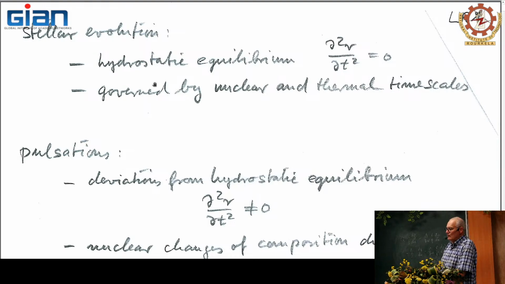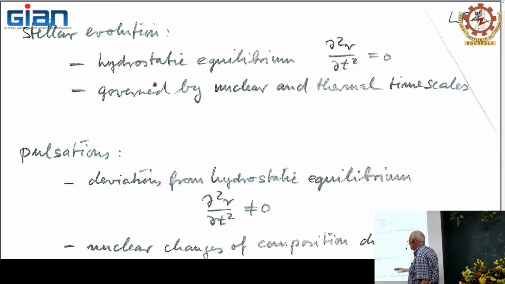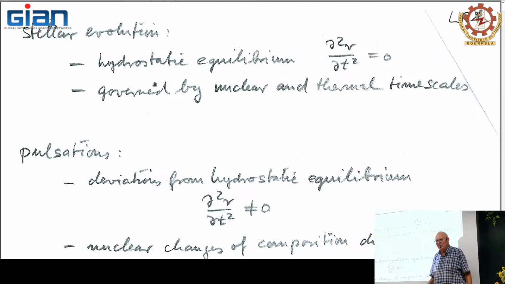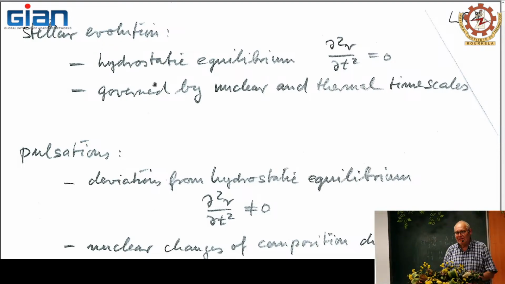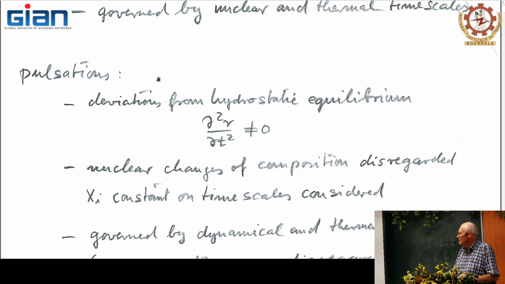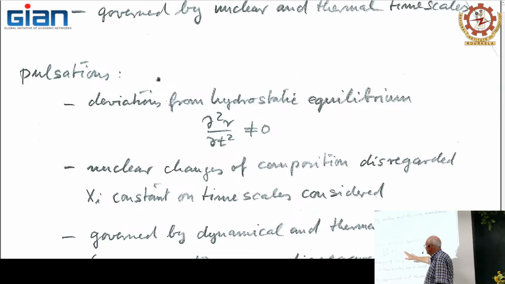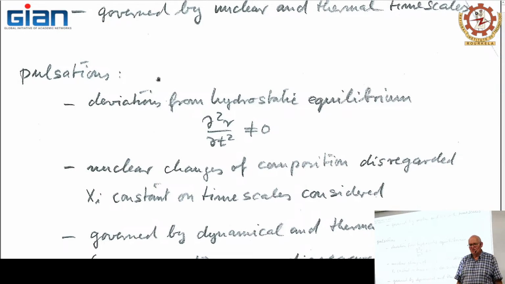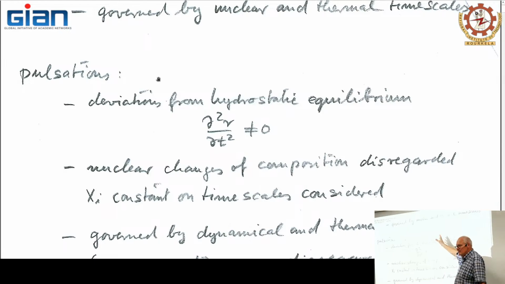In contrast to the stellar evolution, the pulsations are characterized by deviations from hydrostatic equilibrium. So we must take into account the acceleration. The acceleration is no longer zero. The pulsations operate on the dynamical timescale. This is the important point. It's the opposite of the stellar evolution.